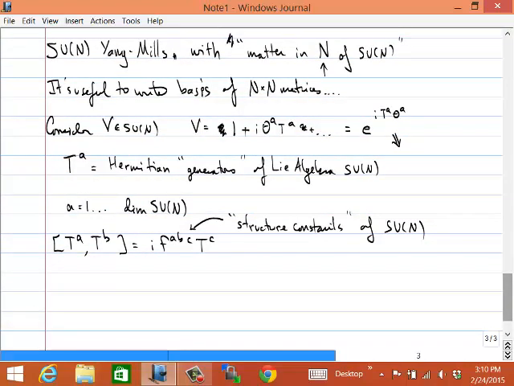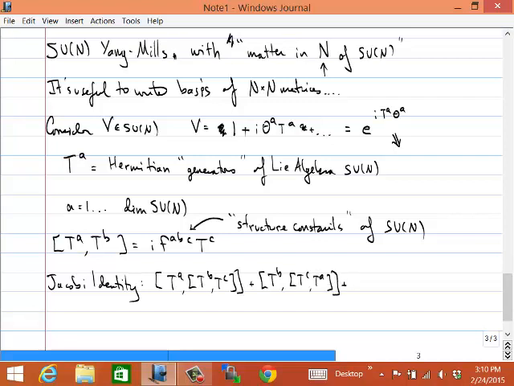And the fundamental property that is obeyed by these structure constants is known as the Jacobi identity. So that's the statement that the commutator of T^A with the commutator of T^B and T^C, plus all of the various cyclic permutations, has to vanish.